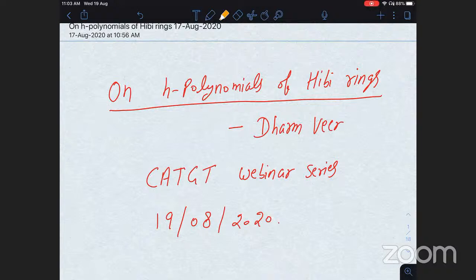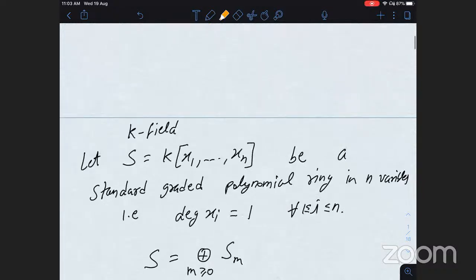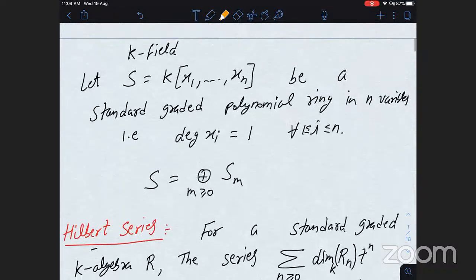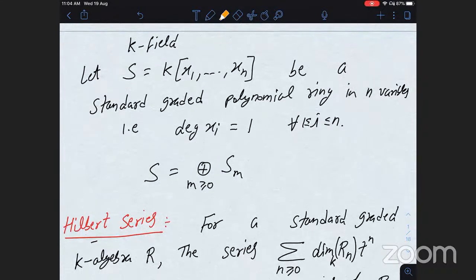I'll start by defining some things to state the conjecture. Throughout the talk, K will always be a field, and let S be a standard graded polynomial ring in n variables. That means the degree of the variables xi is 1 for all i.